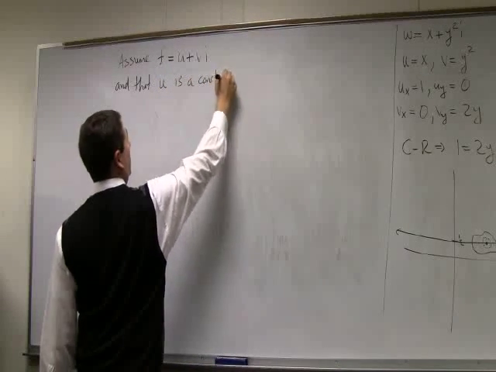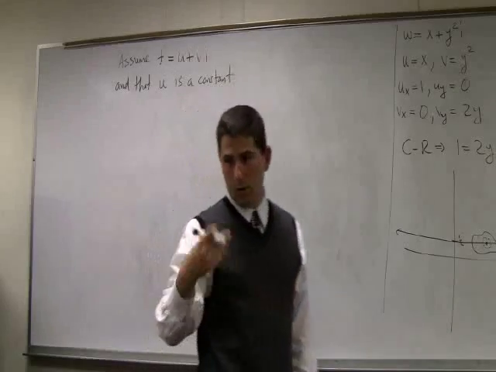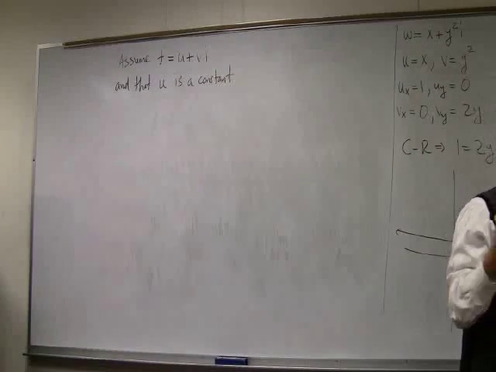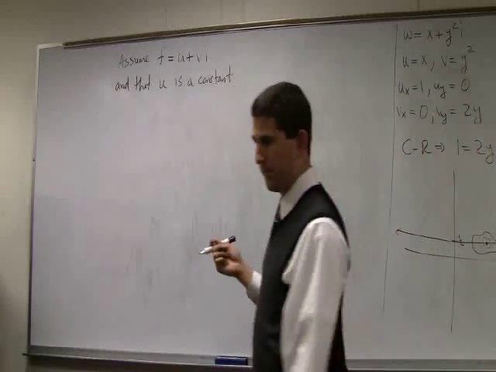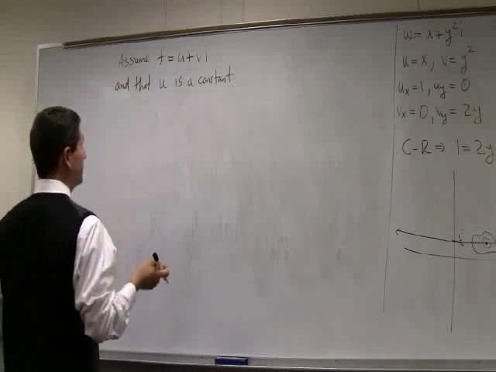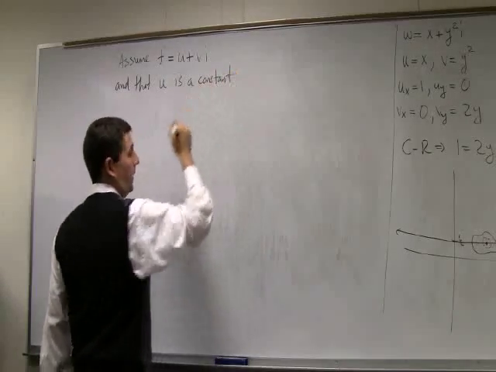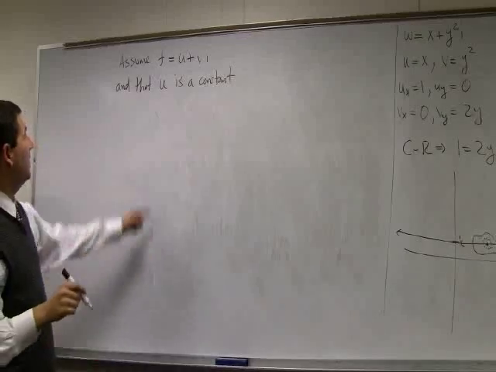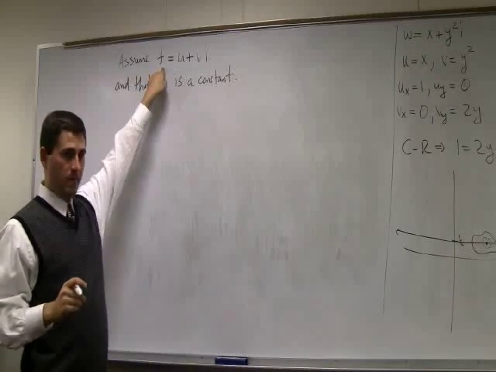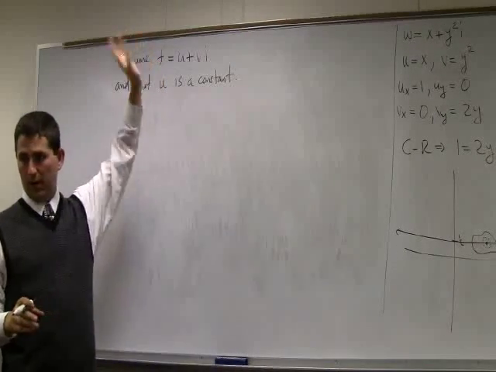It's just a real number. It doesn't matter what you put in for x and y, it always spits out the same real number. My question is, can this function be analytic on any open set?